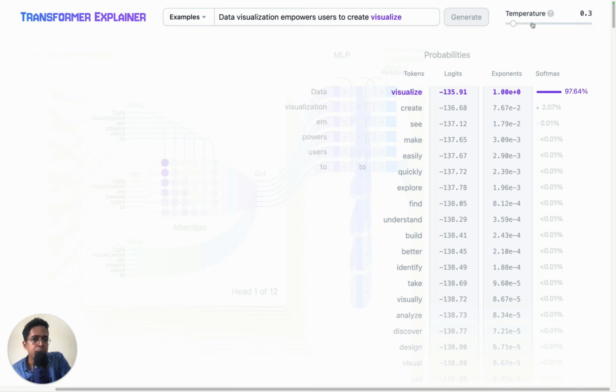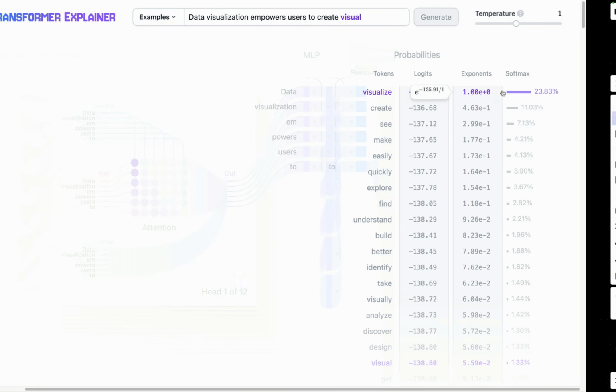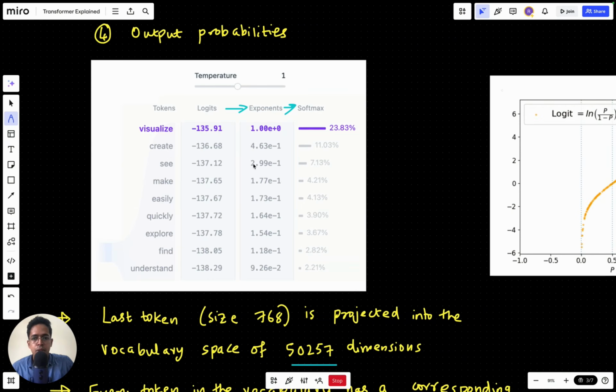By default, the temperature would be 1, meaning the logit is divided by 1, meaning softmax is not affected. -135.9 is divided by 1, and we are taking the exponent of that. I'll just write it so that it's clear to you. So here exponent is calculated as e raised to -135.91 divided by t, where t is the temperature. So if t equal to 1, then the softmax is not affected.